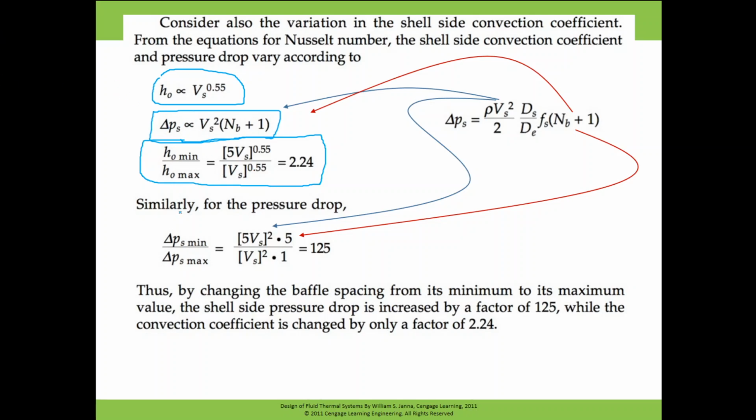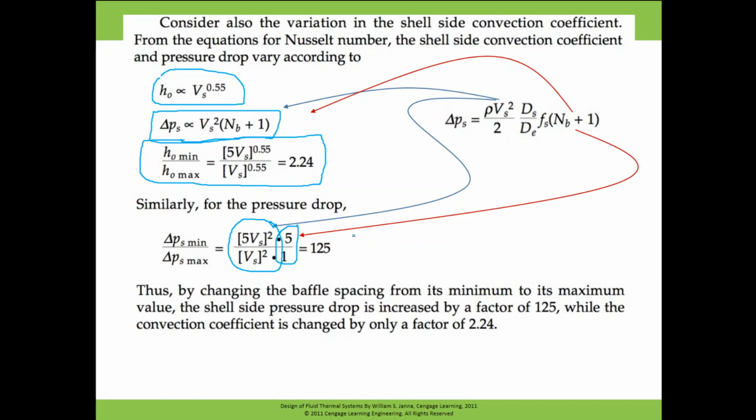Now what about the pressure drop? When the baffle spacing was equal to the inner diameter, the velocity was Vs, and when the baffle spacing is reduced by 5 times, the velocity is increased by 5 times. So this is the velocity contribution, and the other term, 5 over 1, is the length contribution.